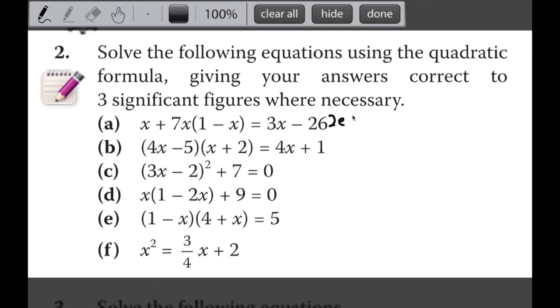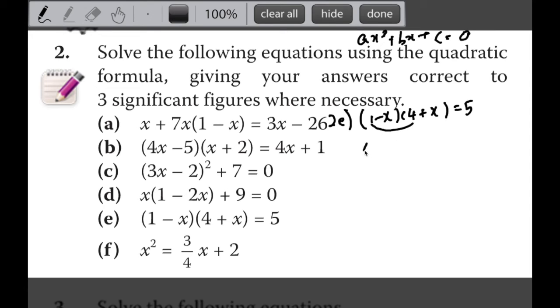Let's look at 2e. So this is given, but we have to change it into the general format. Again, let me remind you, the general format would be ax squared plus bx plus c equals 0, so that you can easily find out what your a, b, and c are and plug them into the formula.